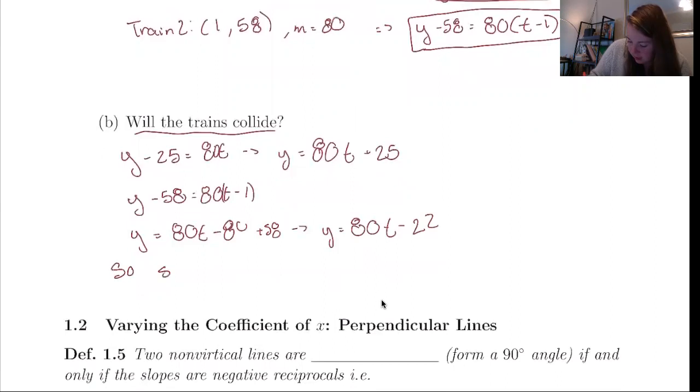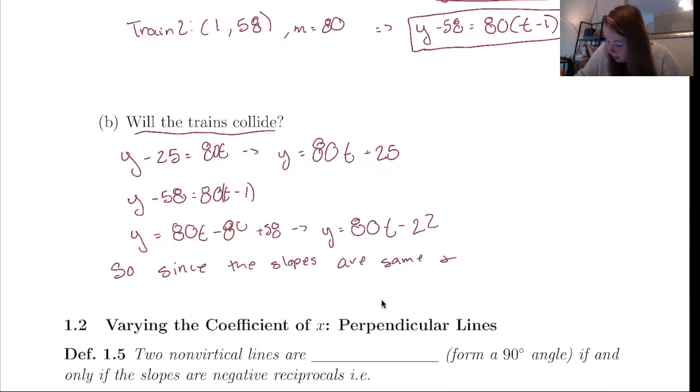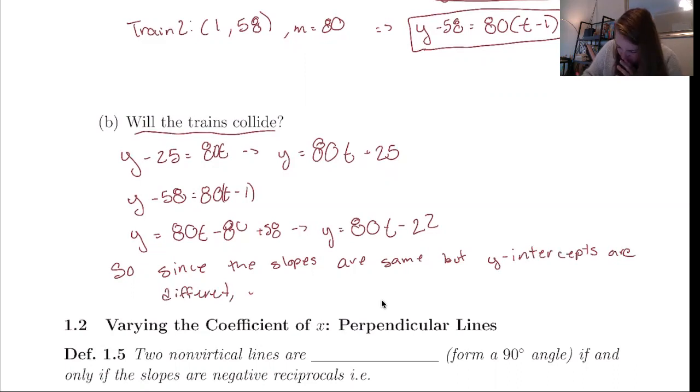So since the slopes are the same, but y-intercepts are different, that means we could call this one y1 and this one y2.